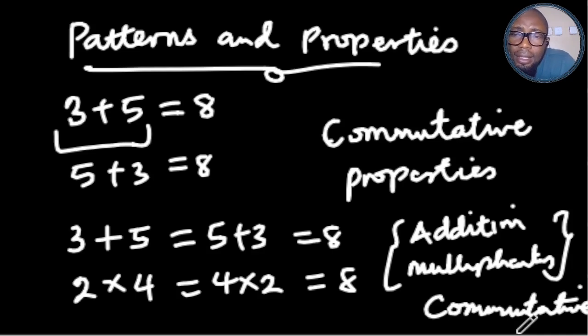Now, does this happen all the time? It is also okay for you to understand that there are exceptions. Commutative properties does not apply to division and subtraction. It does not apply.